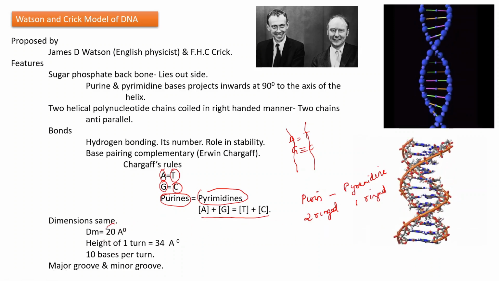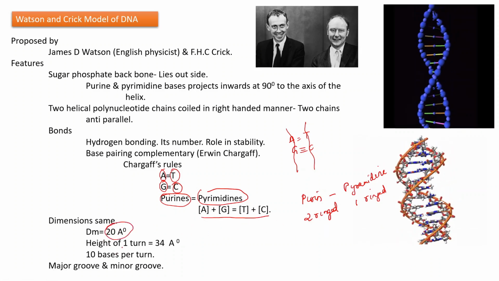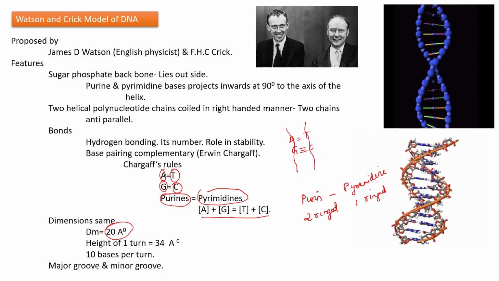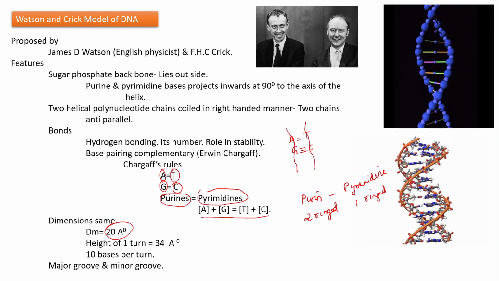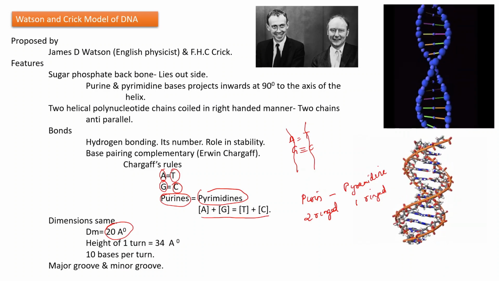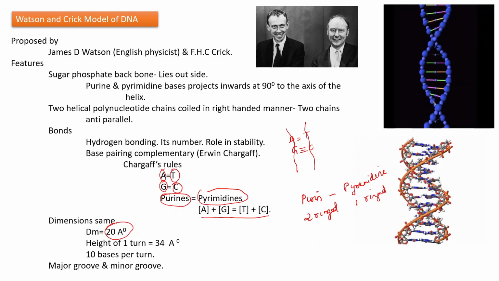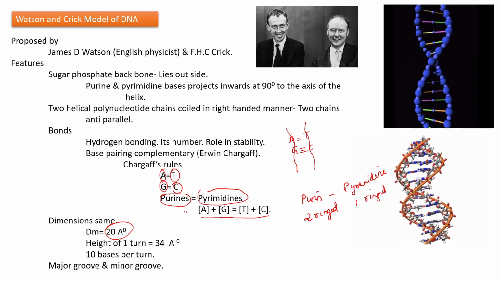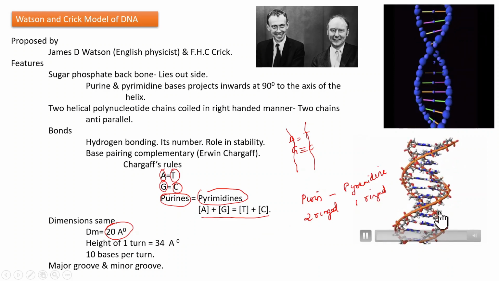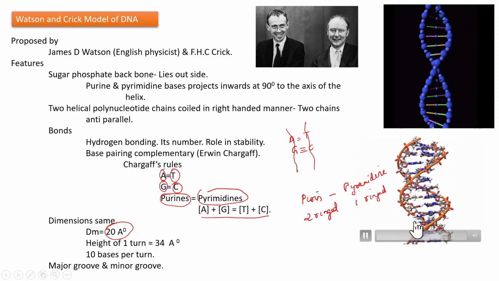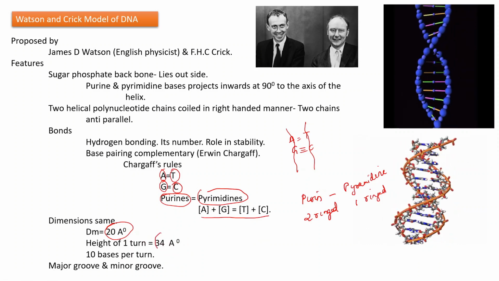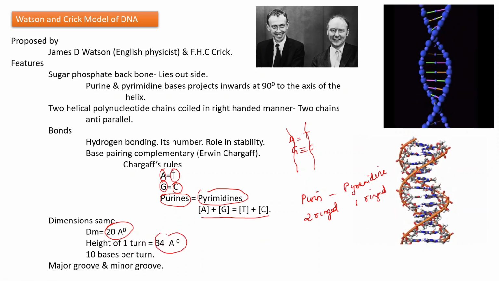It is 20 angstrom. Then what is the height of one turn? One turn means one complete turn. This is one complete turn. The height of one turn is 34 angstrom.